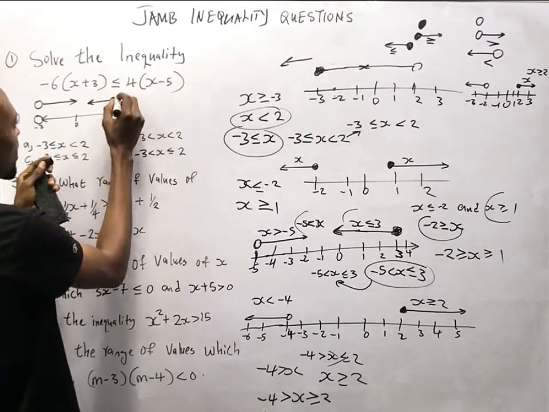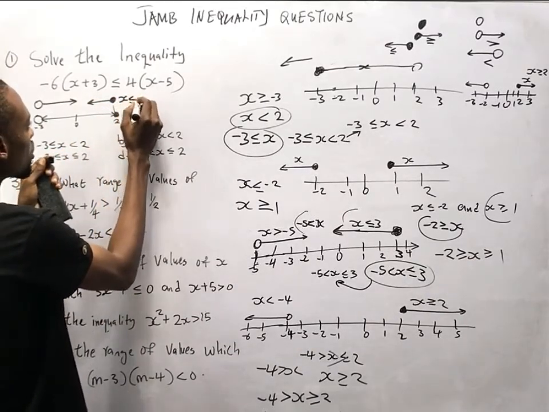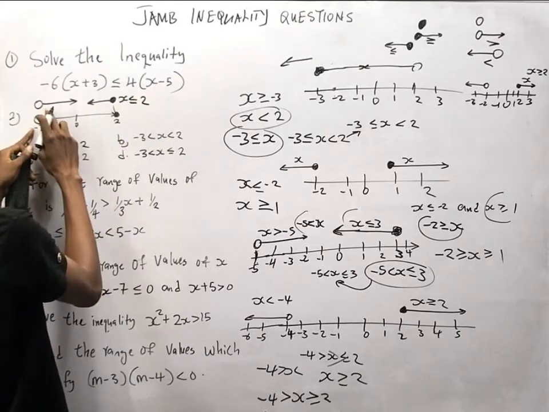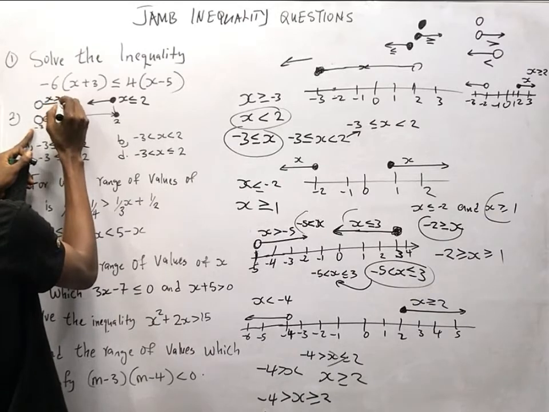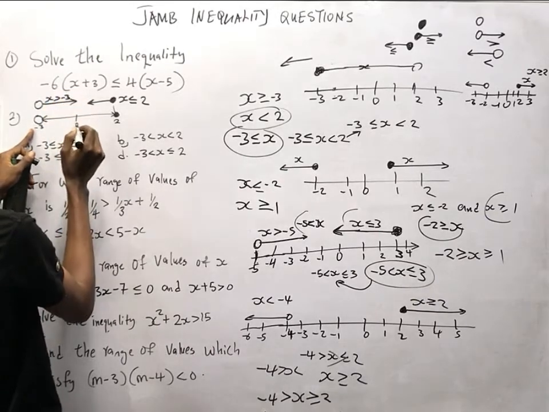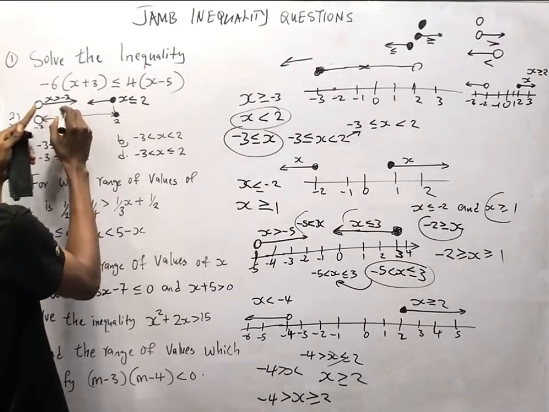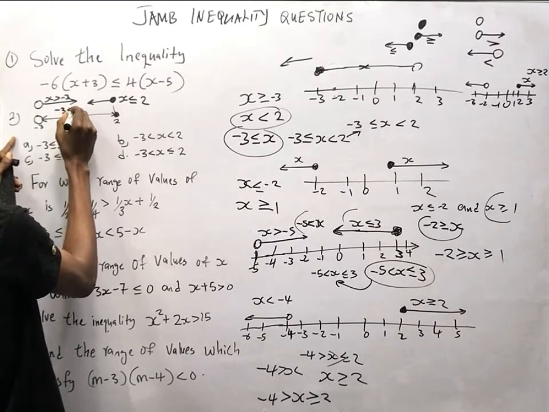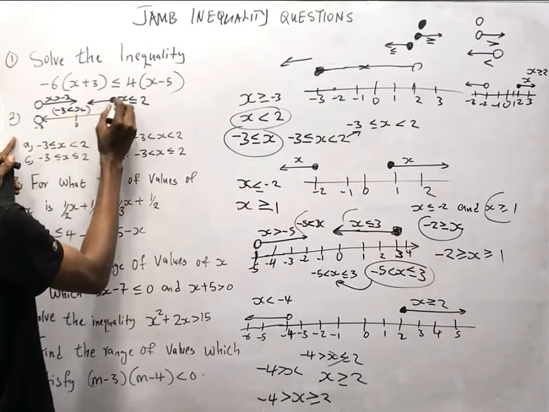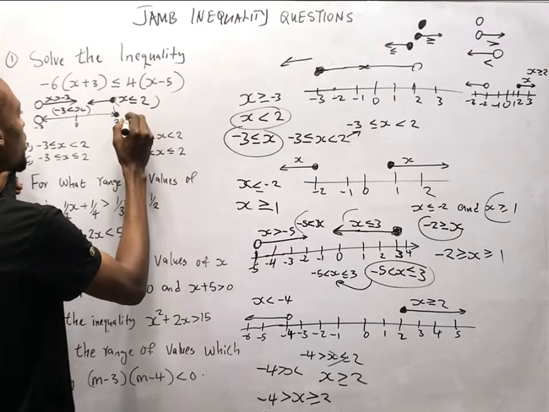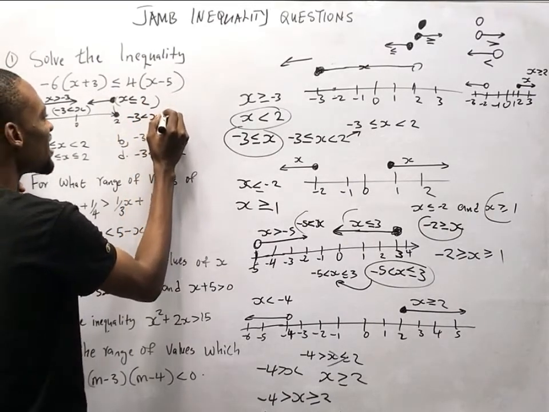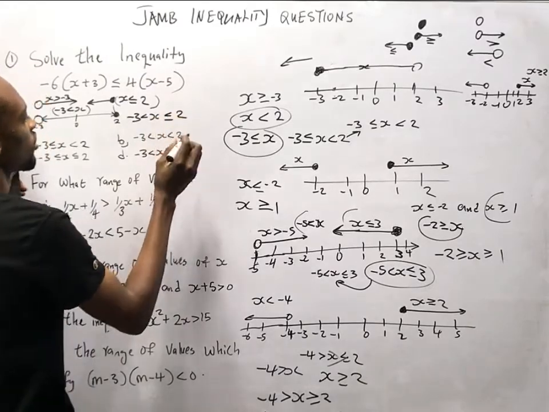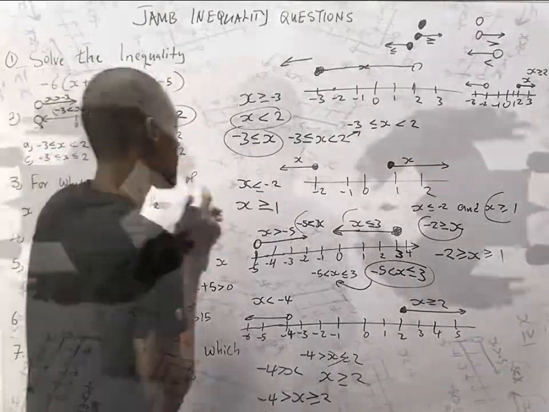So this one simply means that s is lesser than or equals 2. This is going here. It simply means that s is greater than minus 3. If s is greater than minus 3, it simply means that minus 3 is lesser than s. Combining this guy and this guy, we are left with minus 3 is lesser than s, and s is lesser than or equals 2. So this is the answer.